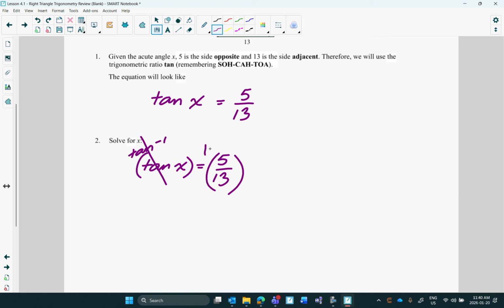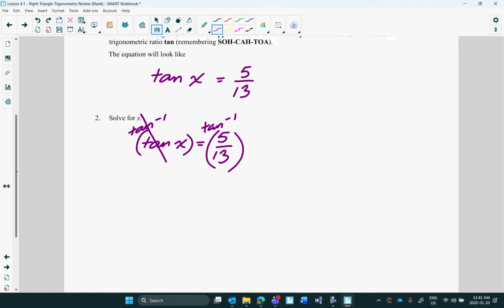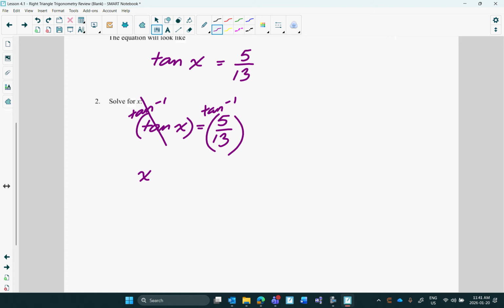So that means you're going to have to do the tan inverse, or second tan, of 5 over 13. And this one we're going to round to the nearest degree. 21.